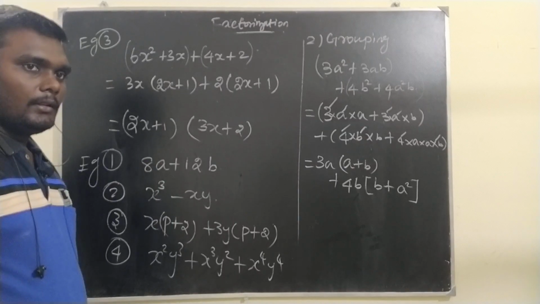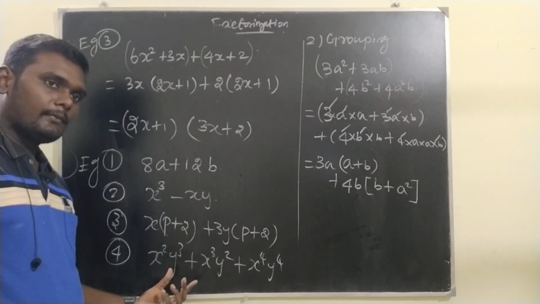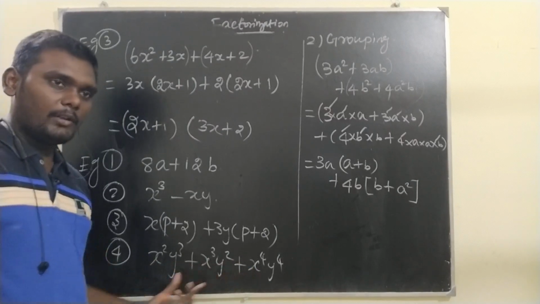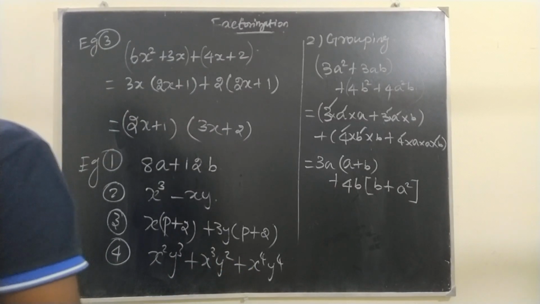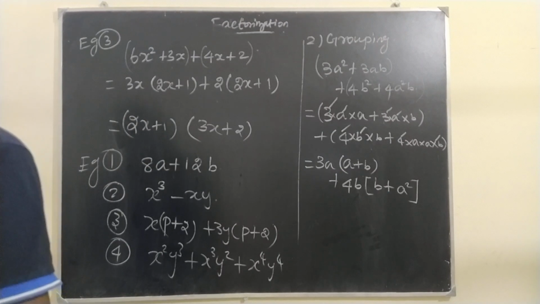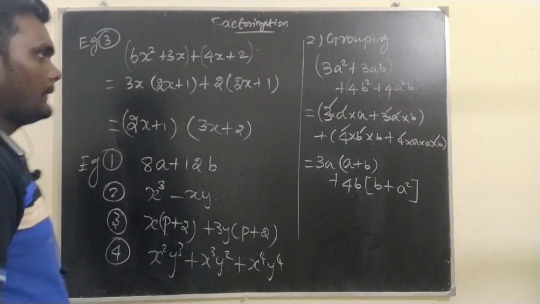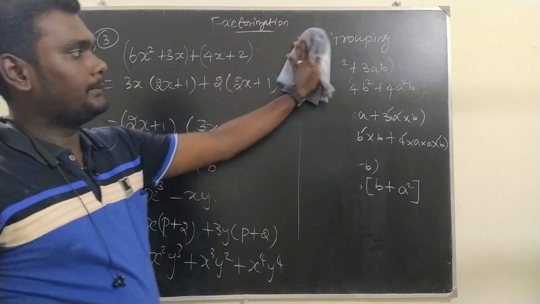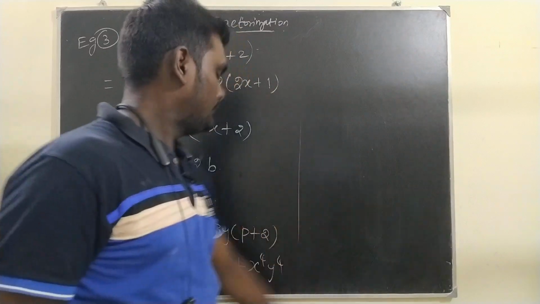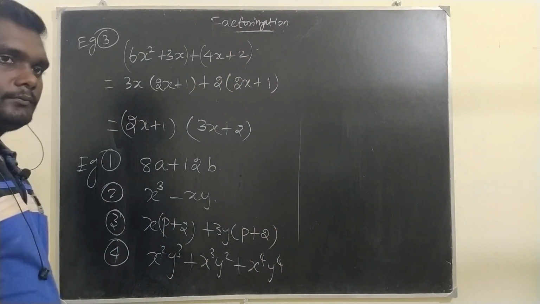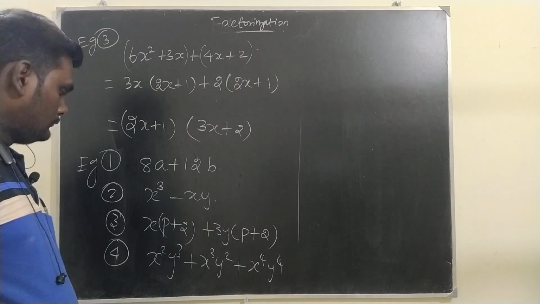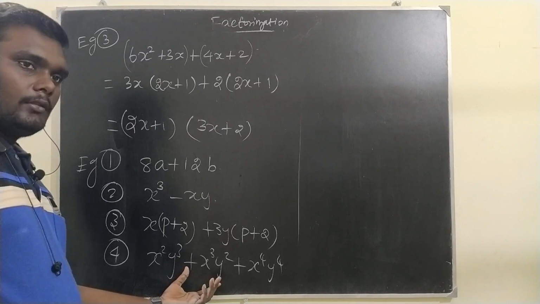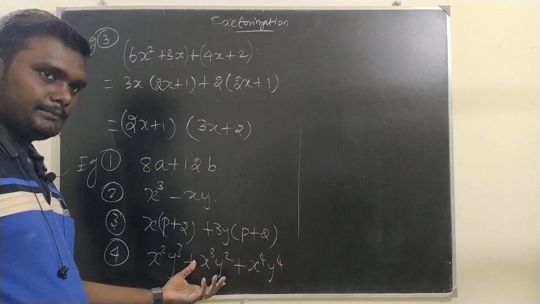Okay. Now itself tell me, check the fourth question. Can you do it or you want me to do it? If you want me to do it also, I will do, not a problem. The fourth question, can you do it or you want me to do it? Okay. Can you see this question?